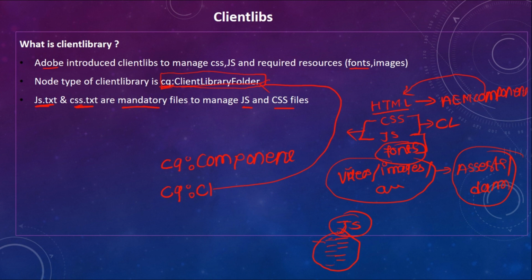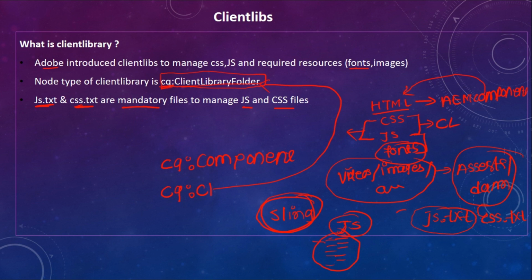So here we have the concept of Sling. Sling will execute everything one by one, but where will Sling come in? Sling will come inside your js.txt first. If you want to execute the JS files, first it will come inside your js.txt, and if you want to execute CSS files, then we have to write the entry inside the css.txt.